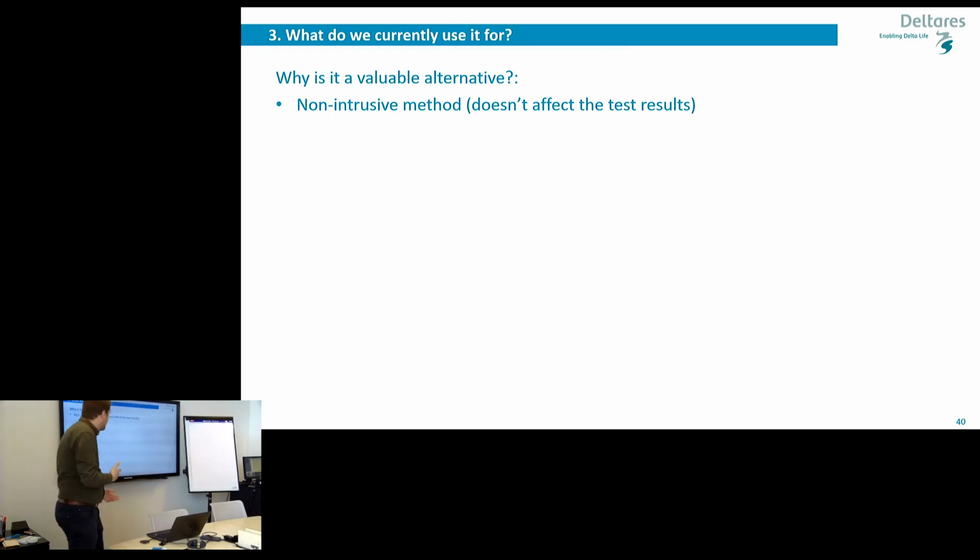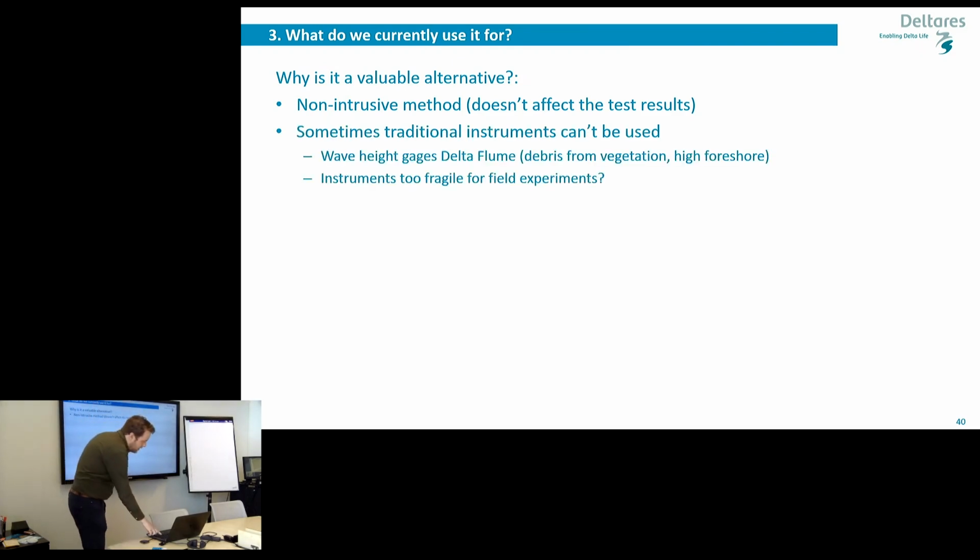So why is it actually a valuable alternative, other than that it's cool and fun? It's a non-intrusive method because you just film what's going on. You don't have to put in any probes, so you're not affecting the test results. And you can use it in times that traditional instruments just cannot be used.